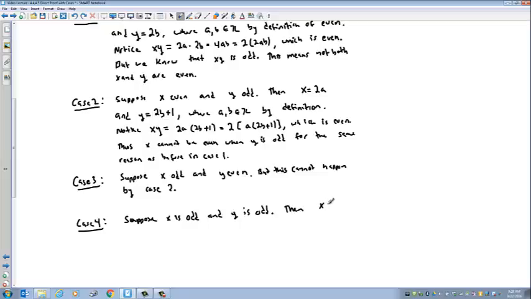We know x is equal to 2a plus 1, and y is equal to 2b plus 1, where a and b are integers, and this is by definition.